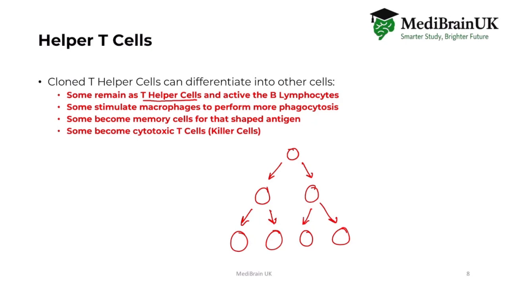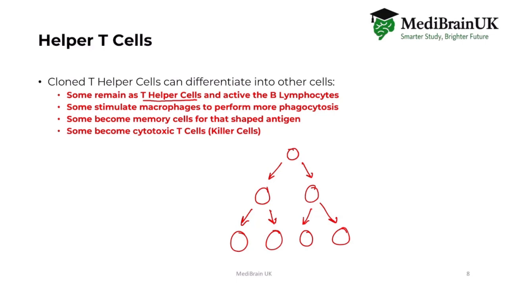The reason why you have T helper cells still is so the B cells can be activated. The T cells activate B cells; we will look at that in our next lesson. Some of them will stay and activate the B cells so you can produce antibodies, plasma cells, and memory cells. Some will stimulate macrophages to perform more phagocytosis.